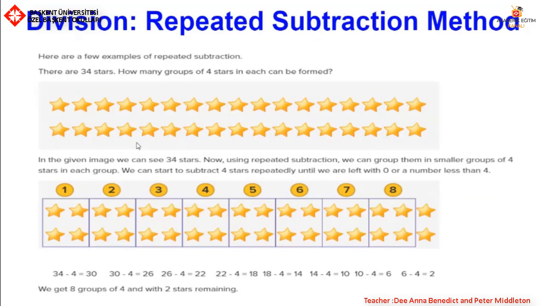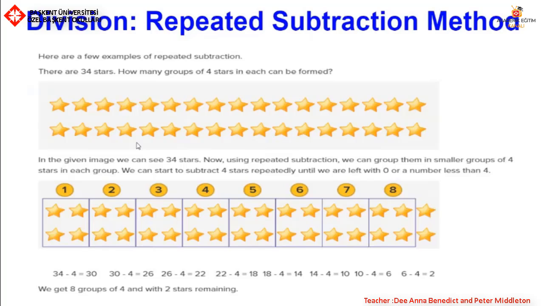Another method is repeated subtraction method. And here you can see so many stars. There are 34 stars. And how can we group them into groups of 4 stars? And you can see that at the bottom of the picture, they kept on subtracting 4 each time.